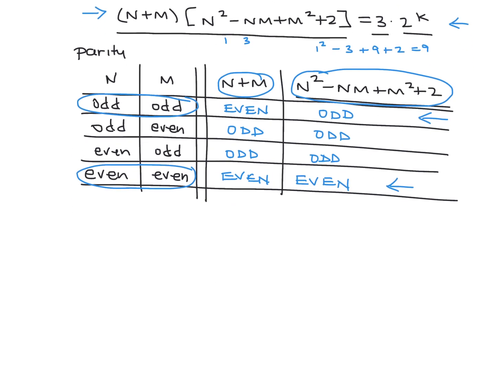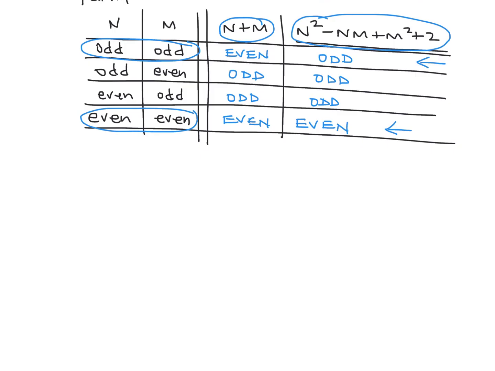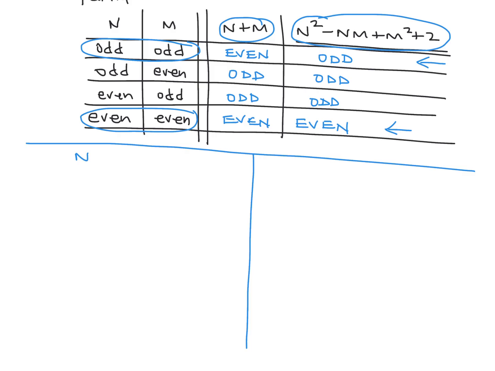Okay, so we will work with those. So the first is n and m both odd, and the other one, n and m are both even. And that should give us our conclusion of whether or not we can find two Hewitt numbers like this.